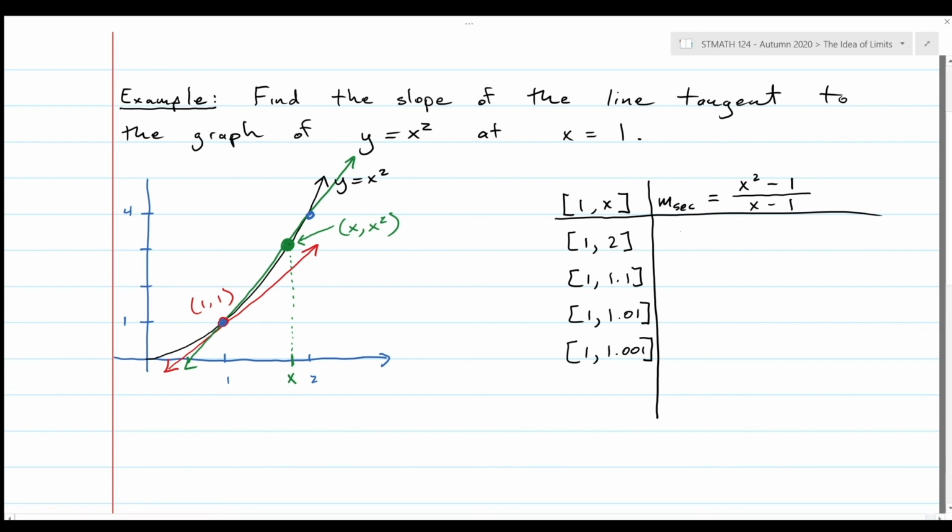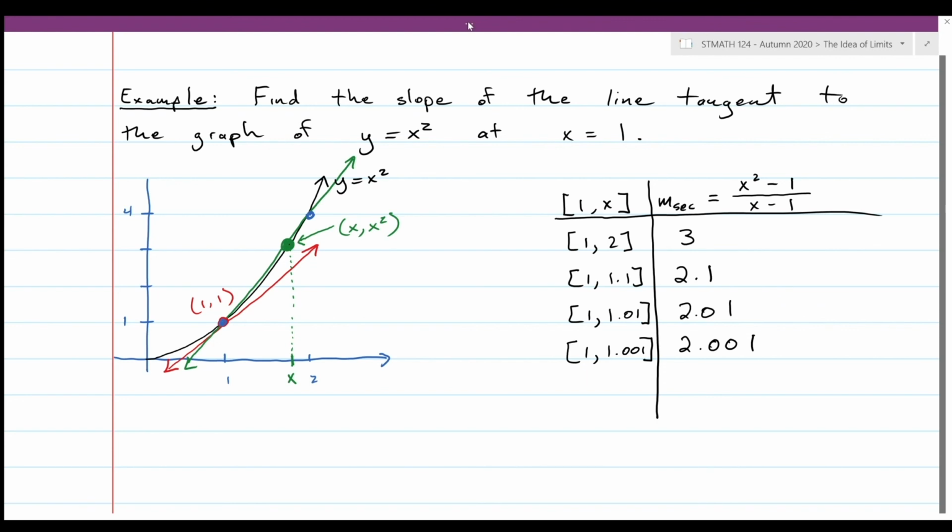So if you do this for 1 to 2, it comes out to 4 minus 1 over 1, so that just comes out to be 3, right? And having done this before, I know ahead of time that this is going to come out to 2.1 here, and this will come out to 2.01, and this one will come out to 2.001. And so, what is happening here?